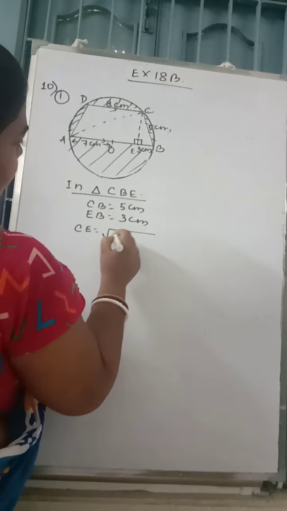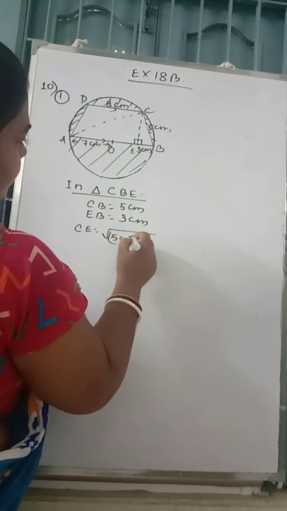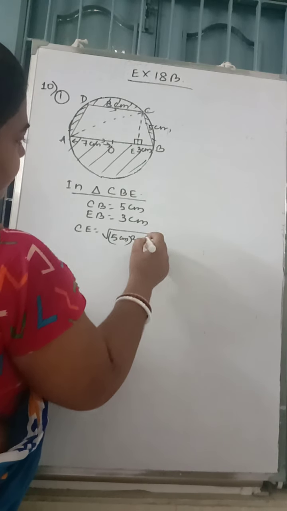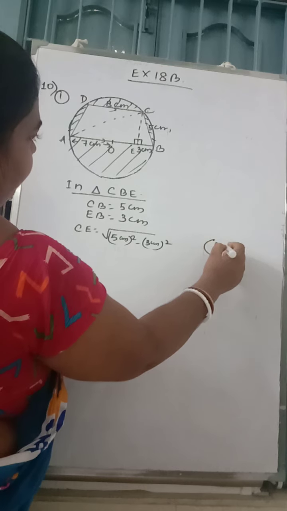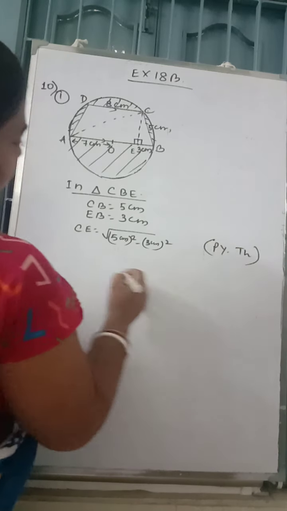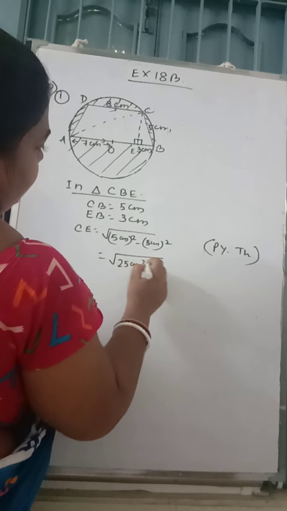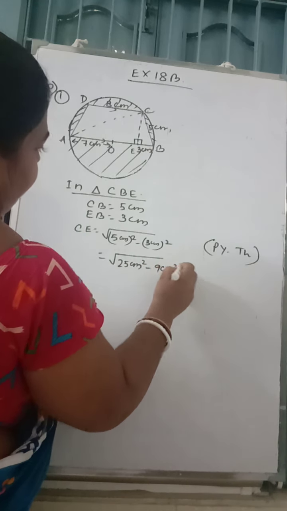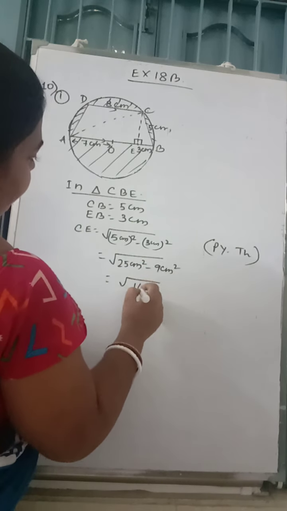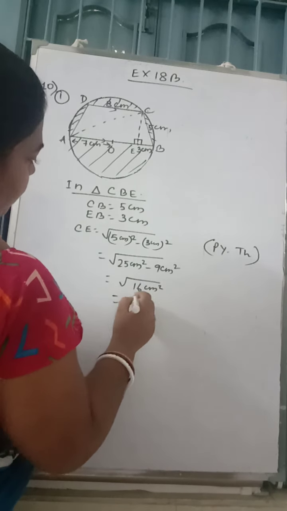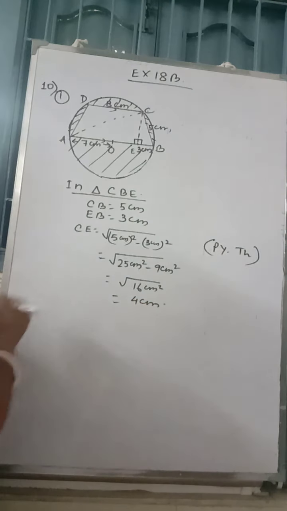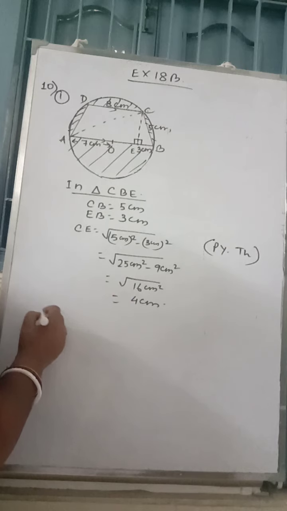Under root 5 centimeter whole square minus 3 centimeter whole square. Why? According to Pythagoras theorem. So this gives you 25 centimeter square minus 9 centimeter square, or 16 centimeter square, or this is 4 centimeter.